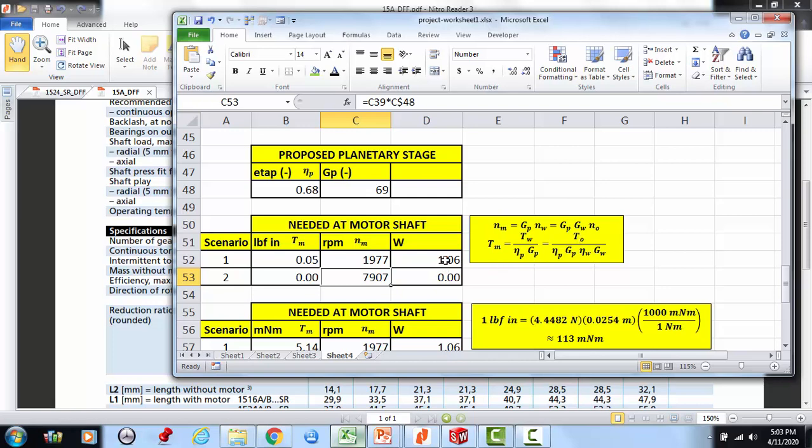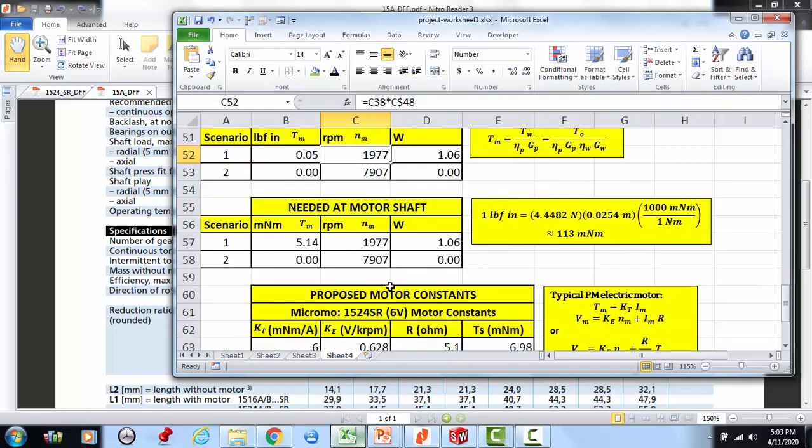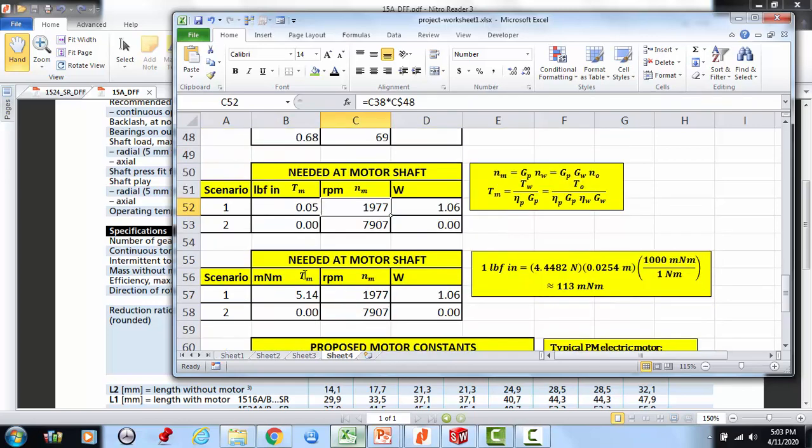So you can see our wattage is climbing up, the torque of the motor is going down, and speeds are going up, because it's a reduction. And again, what I did is I changed the torque of the motor from inch pounds into millinewton meters, again using that, 113 millinewton meters.